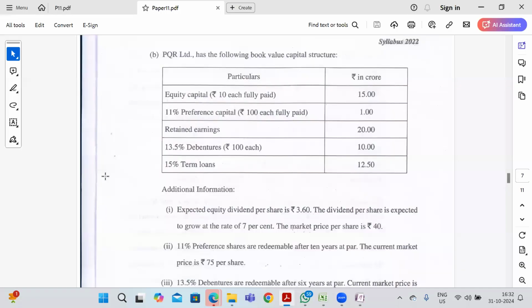Then I have preference capital here. So preference capital dividend is 11 percentage.